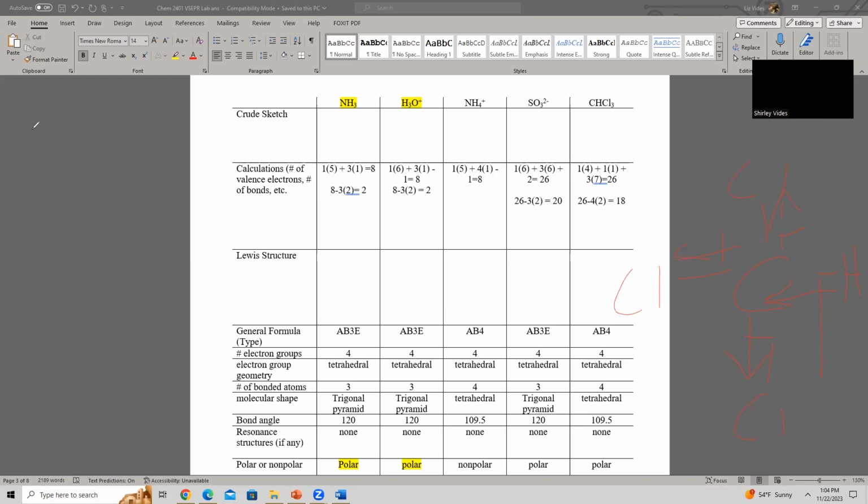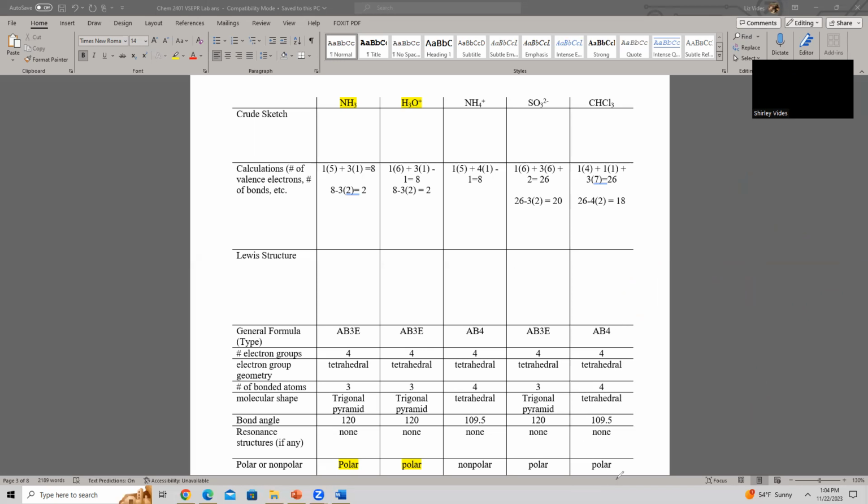We already had determined polarity, but I wanted to show you why, even though we don't have a lone pair in the middle, and the 4 and 4 are the same, and it's tetrahedral. Everything here points to the fact that it is not polar, because it doesn't have an E, an electron lone pair on the central atom. None of that. But one of them is different, so that's the reason.